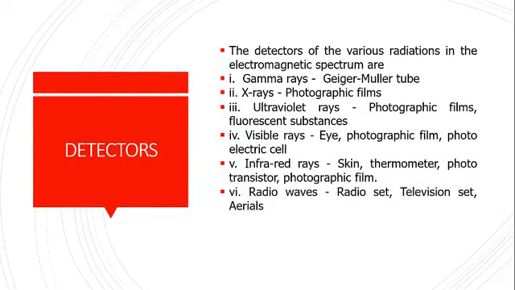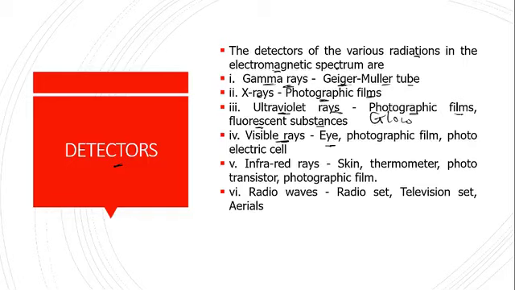Now, when it comes to detectors, we have detectors of various radiations in the electromagnetic spectrum. If we want to detect gamma rays, we use the Geiger-Müller tube. X-rays, we use photographic films. For ultraviolet rays, we use photographic films too, and fluorescent substances, or substances that glow. For visible rays, we have the eye.